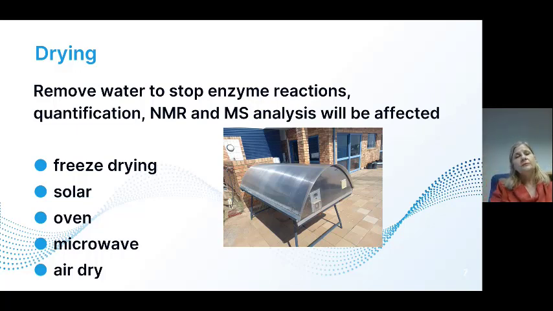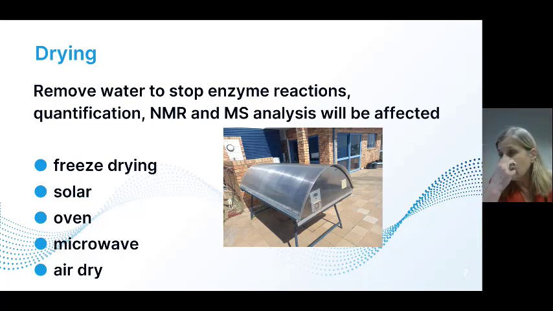Now, water can be removed by freeze drying, which is the one that's most often used, because you have your samples frozen already, and then you remove your water while it's still frozen. So you ensure that you don't have a step where you go back through a heated sample back to room temperature.